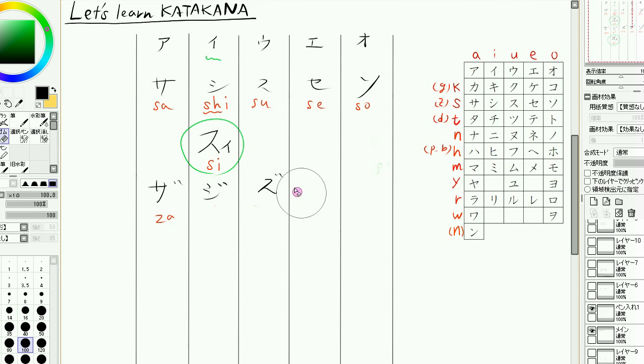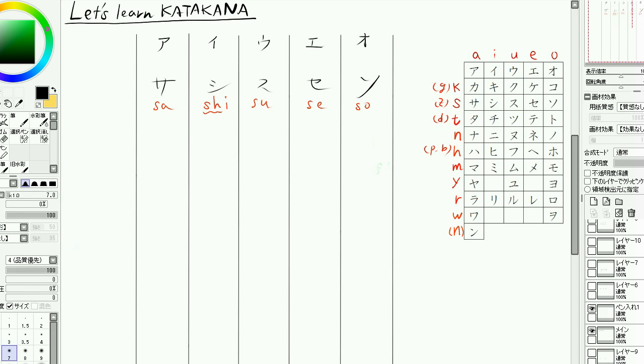Now let's go ahead and learn other combinations. We have so many, so we have to learn many other things. About the S-row, we still have another problem because we have shi here, and we've also learned this one in the previous video: sha, shu, and sho.